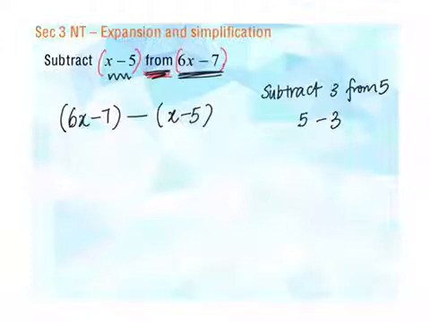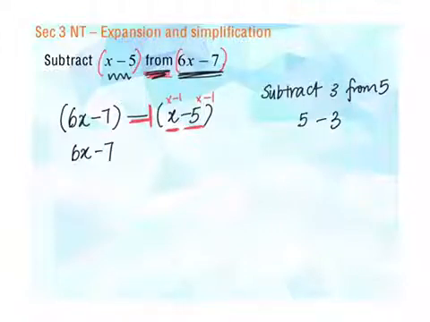Now let us simplify. Nothing changes here for the first bracket. And then the one at the back, it will be subtract x. So I need to multiply these by negative 1. Subtract negative 5. That means I need to multiply this one by negative 1, because the number in front here is an invisible number, which is actually 1 unit.